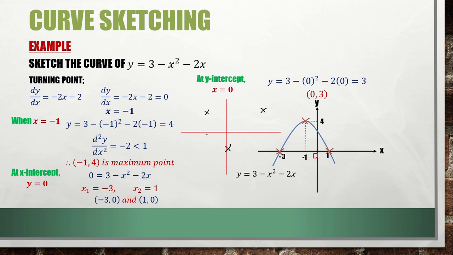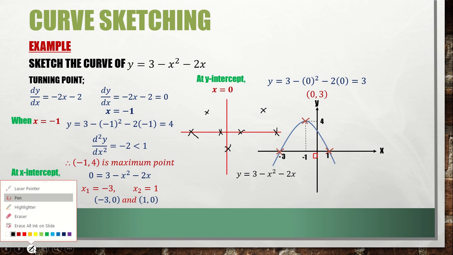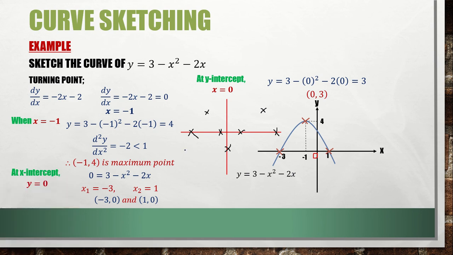Then another thing you got was the x-intercepts. You found that the x-intercept was here, the other one was here, the other one was here, and the final one was here. The y-intercept will be at this point, so you'll have no challenge with that. You do it the way I've done, and then you just join all the points.